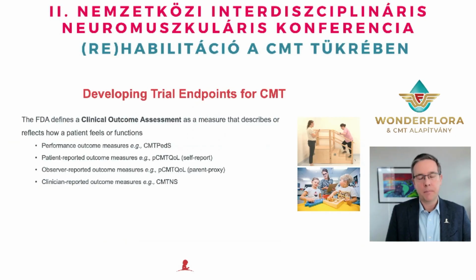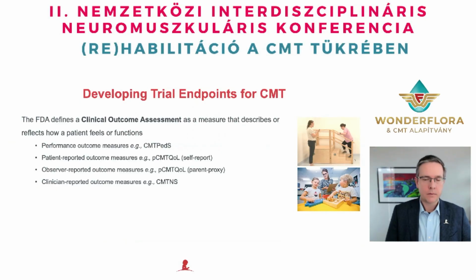The categories of clinical outcome assessments are performance outcome measures, so where people give their best effort during an assessment, and I'll talk about this in the context of CMT pediatric scale, the CMT PEDS. There's patient-reported outcome measures, and so one example is the pediatric CMT quality of life measure that children fill out themselves.